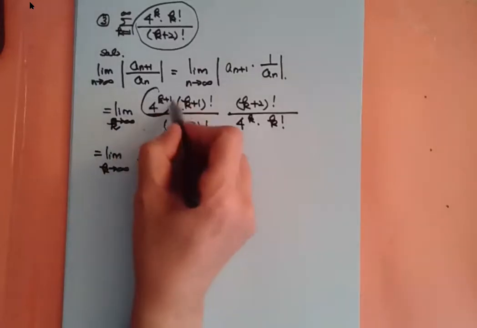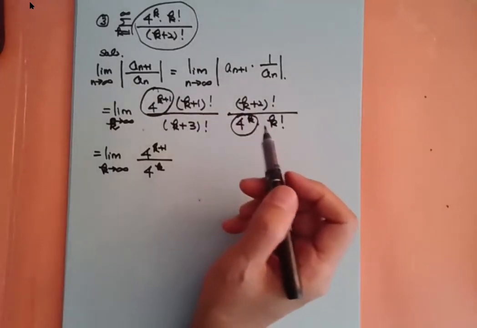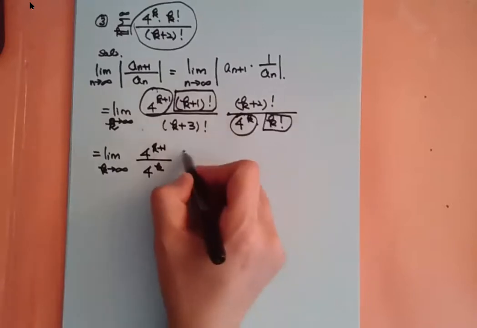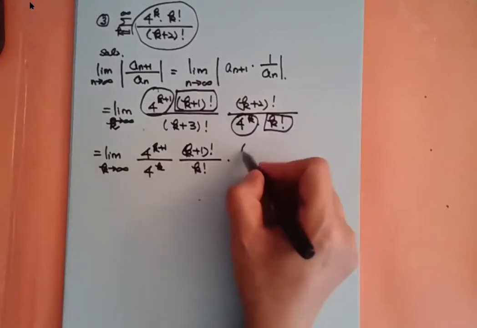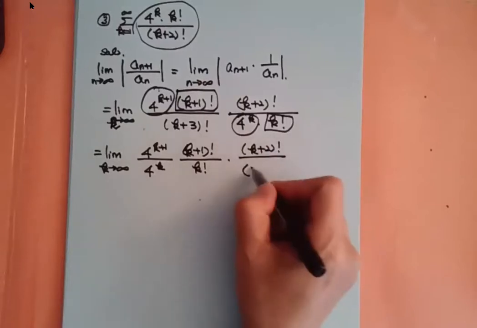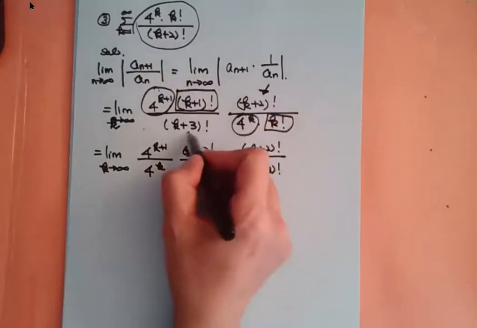I am combining these two, and I will combine these two: (k plus 1) factorial over k factorial times (k plus 2) factorial over (k plus 3) factorial.